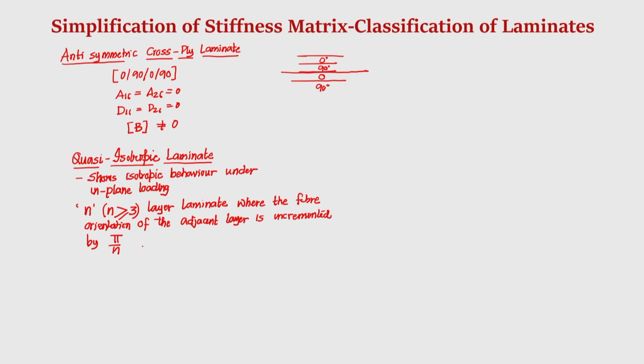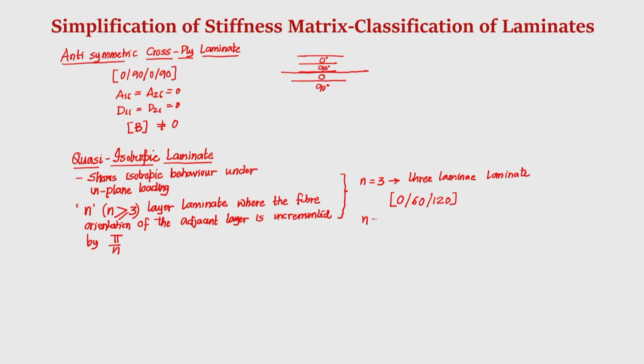What does it mean? Suppose we have a 3 layer laminate, then what will be the stacking sequence? If first is 0, next is pi by n, that means pi by 3, which is 60, then the next will be again incremented by 60, that means 120.